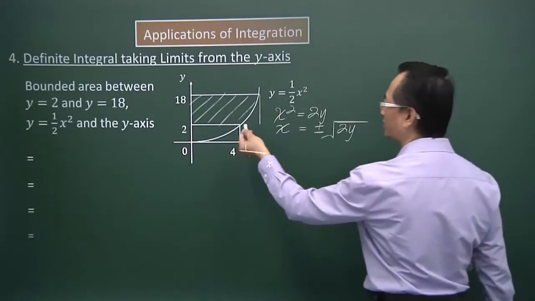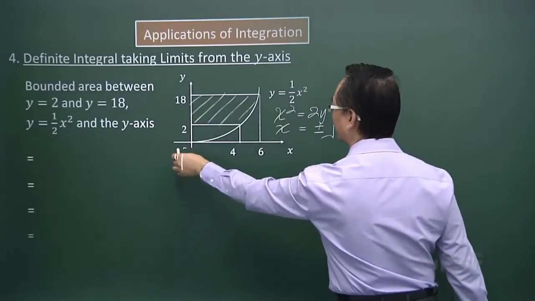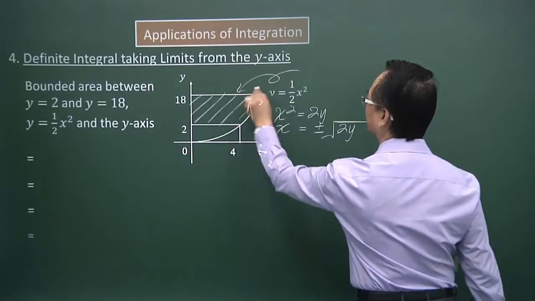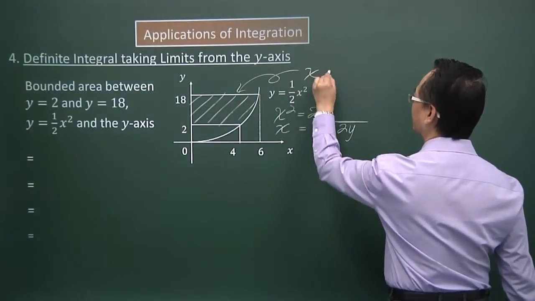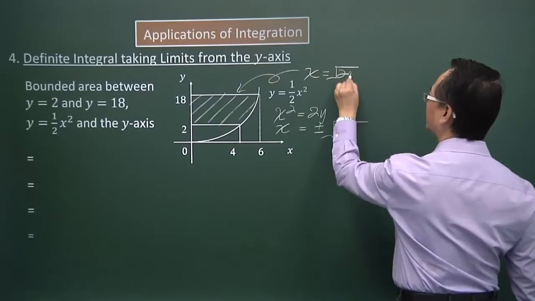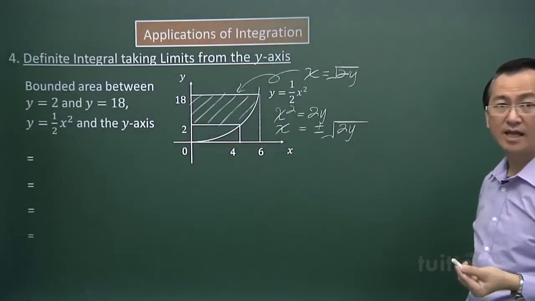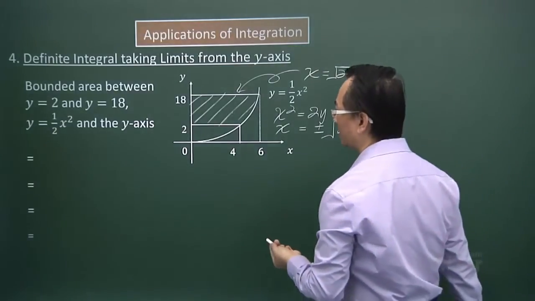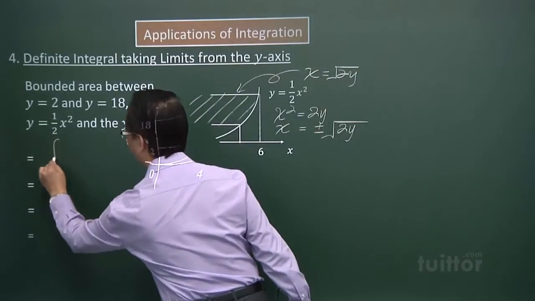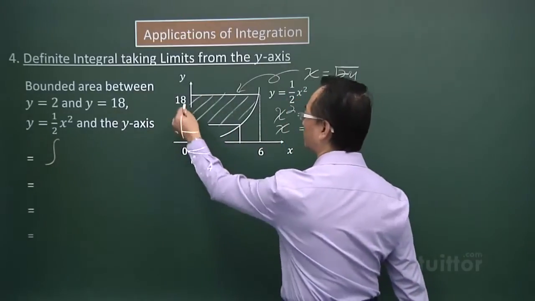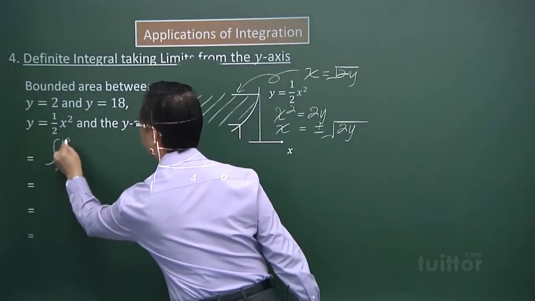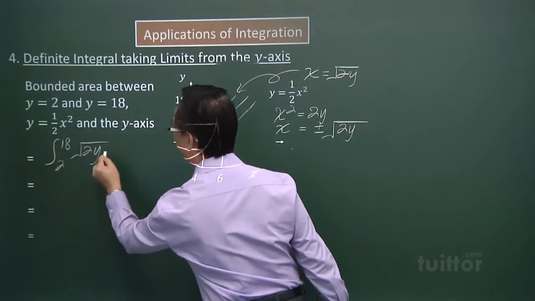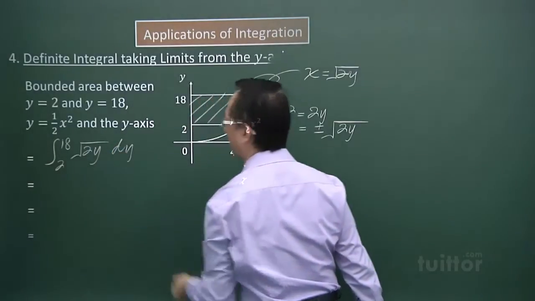Now in this case, because this shaded area is above the x-axis, then I will be looking at x equals square root of 2y and rejecting x equals negative square root 2y. So to find the bounded area, I'll integrate from 2 to 18 square root of 2y with respect to y.